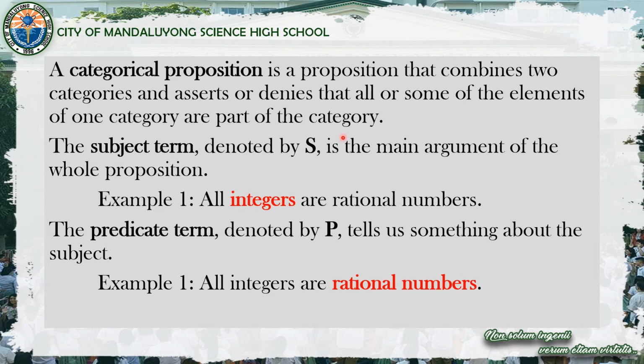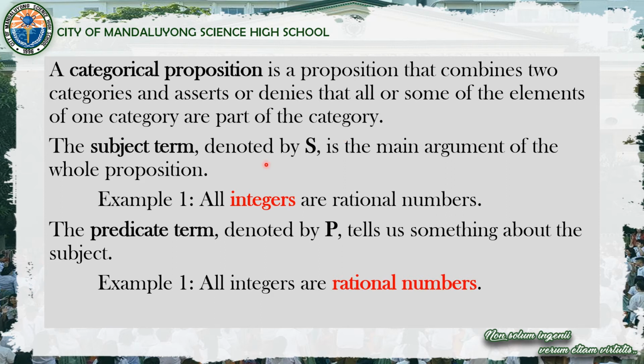In other words, this is simply statements about the relationship between categories. It will state whether one category or categorical term is fully contained within another, partially contained within another, or completely separate.